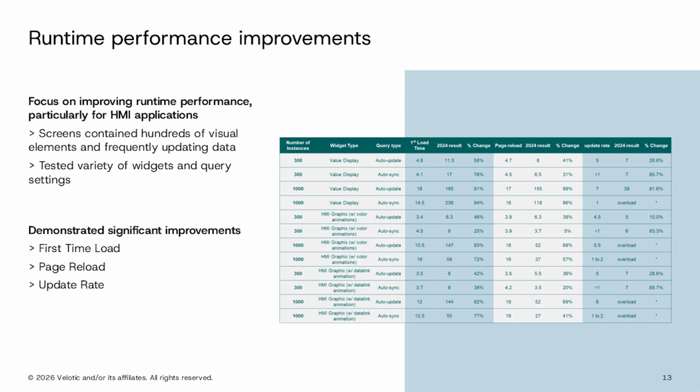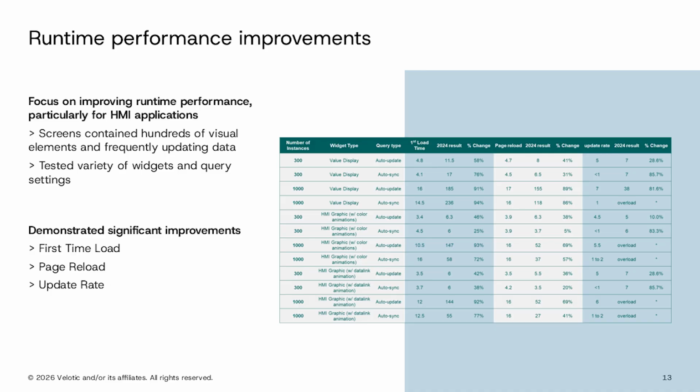So we had already received some feedback that, in certain scenarios, the pages were taking a while to load. And this was just not going to cut it, especially if you have an HMI screen with dozens to hundreds of elements, right? If every element takes a second, then, well, that's a lot of seconds if you have hundreds of elements on the screen.